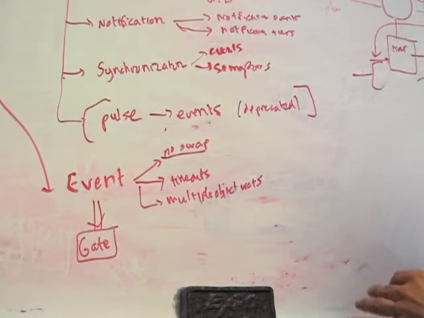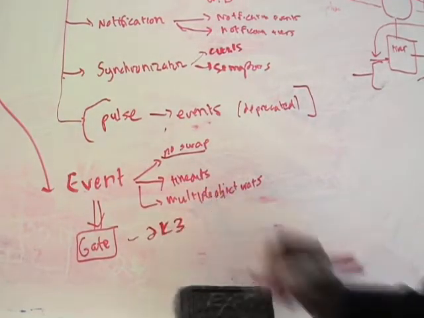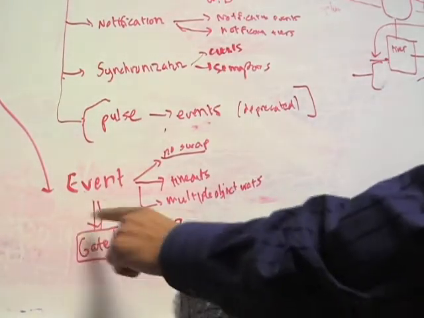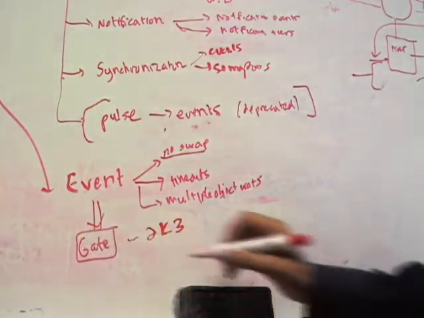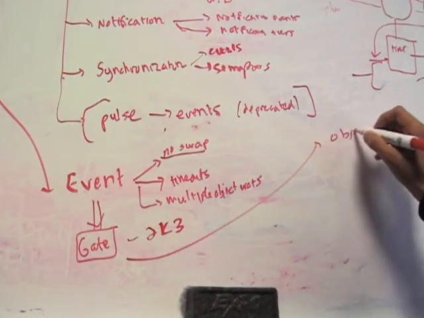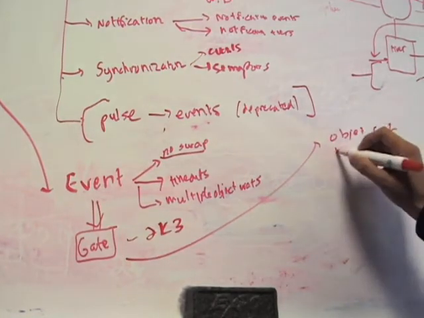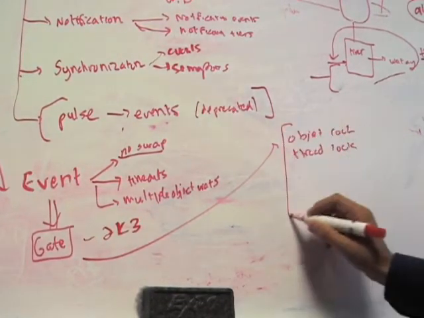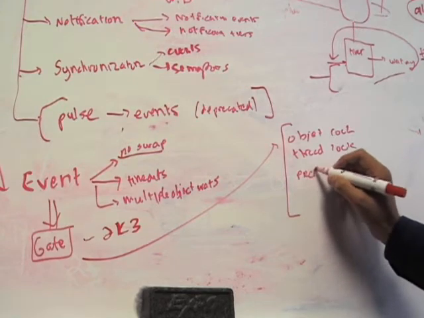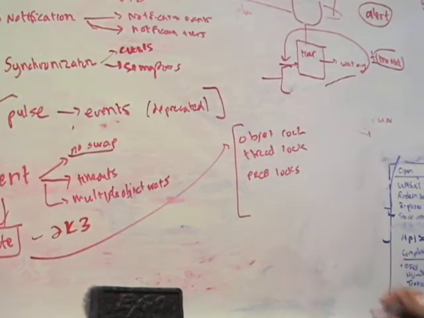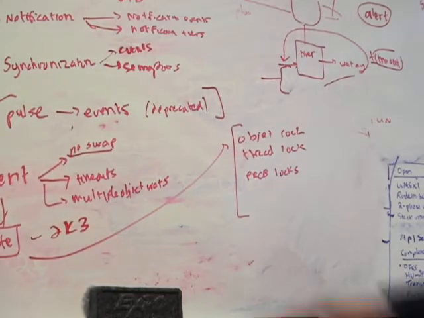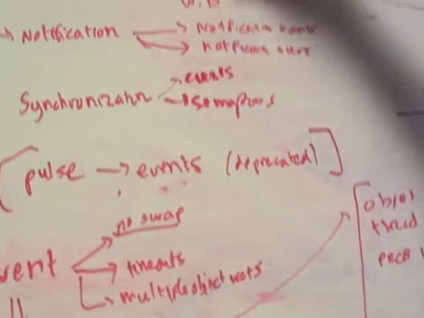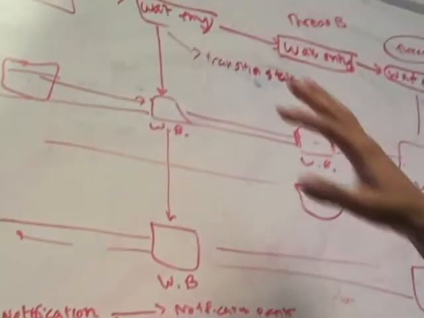We made that thing a gate in 2K3, Server 2003, and we were able to develop a path through the scheduler that relied only on an object lock for the gate, a thread lock for the thread, and a processor lock, PRCB locks I'll say, to schedule the thread when it comes out of this. Now you can see its simplification because it removes some of these extra axes that we were talking about here that made this problem really complicated.